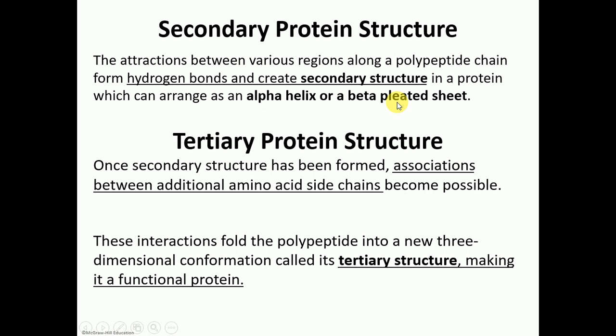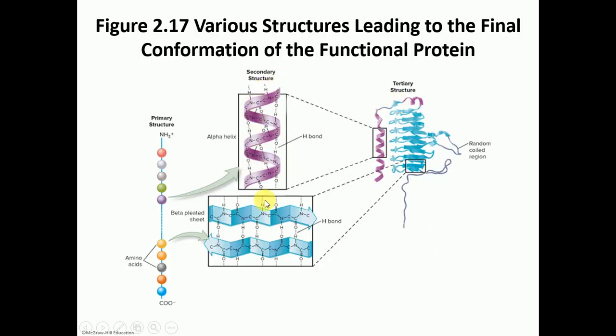Now that we have either one of these sheets, the alpha helix or the beta pleated, we can start making a tertiary structure, which are basically more bonds between different amino acids. And it's a very, very 3D shape known as your tertiary structure.